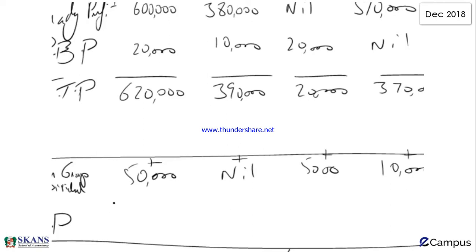So effectively, the augmented profits of A Limited are 670,000. For B, it would be 390,000 as there are no dividends. For C, it will be 25,000, and for D, it will be 380,000.